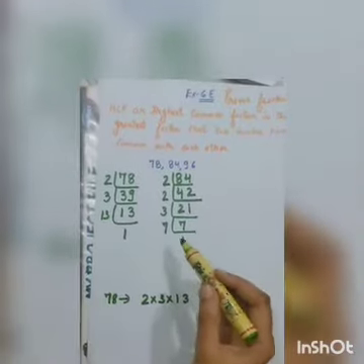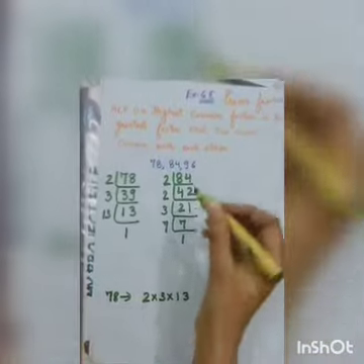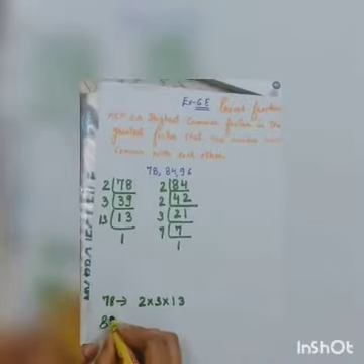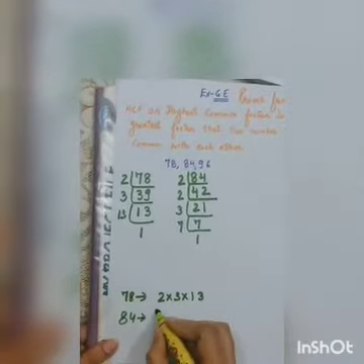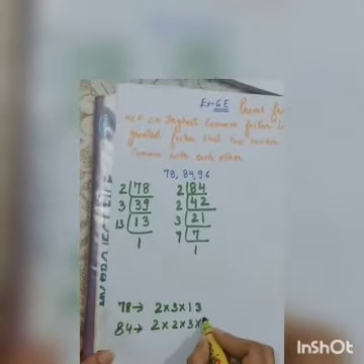Okay. And we get 1. So stop here. Now we get the prime factors of 84. I will write here 84: 2 multiply 2 multiply 3 and then 7.